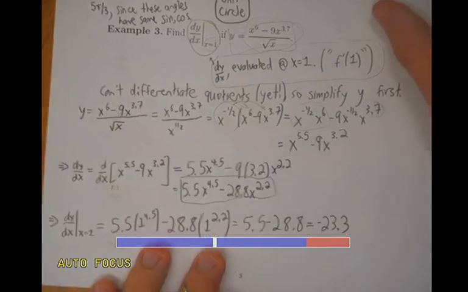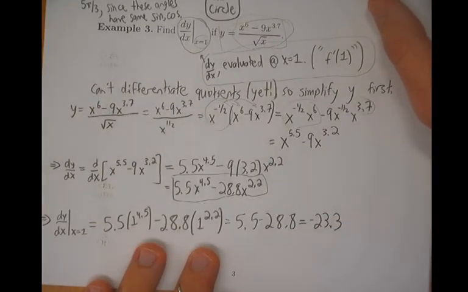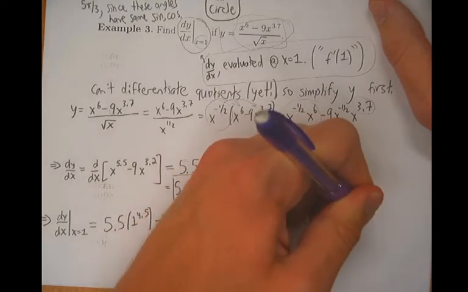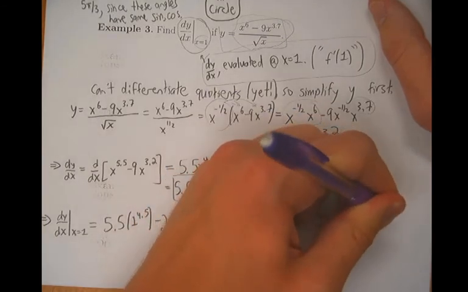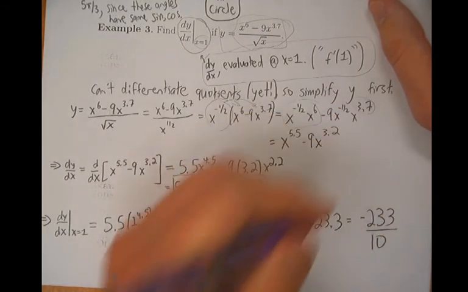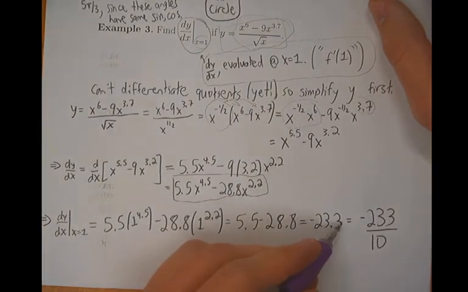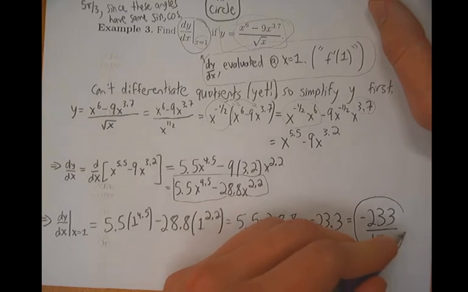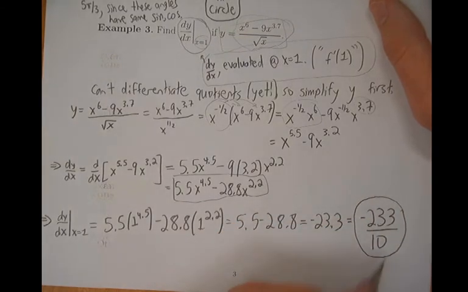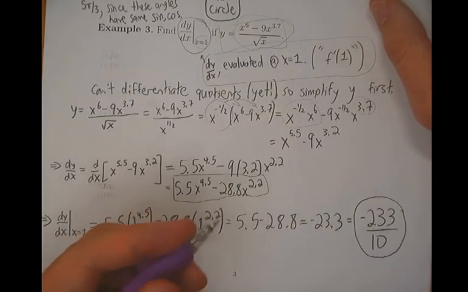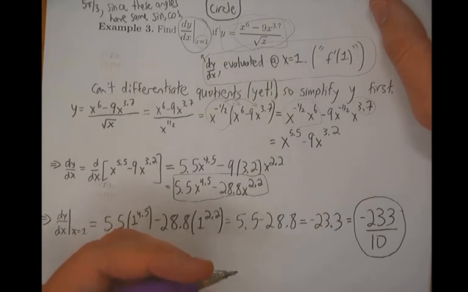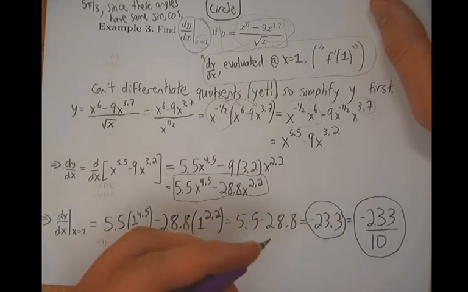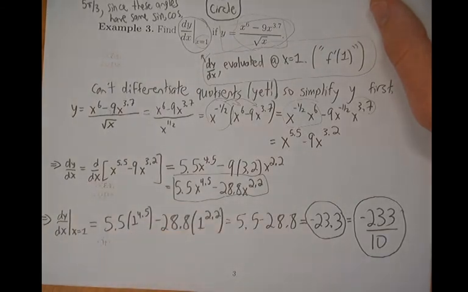Or if you really want to express this as a fraction, you can say this is the same thing as negative 233 divided by 10. Because we only have one decimal here, that allows us to write our fraction like that. You can also check that with a calculator if you would like. Okay, so any questions on example 3?